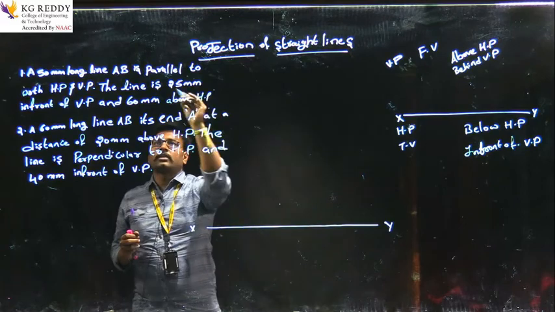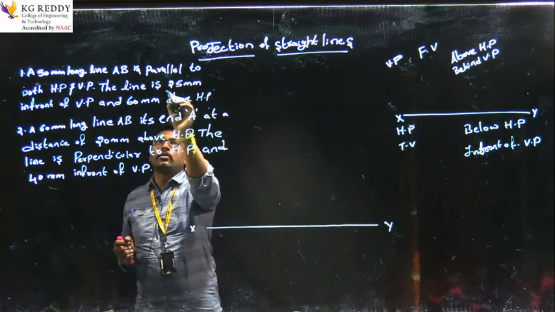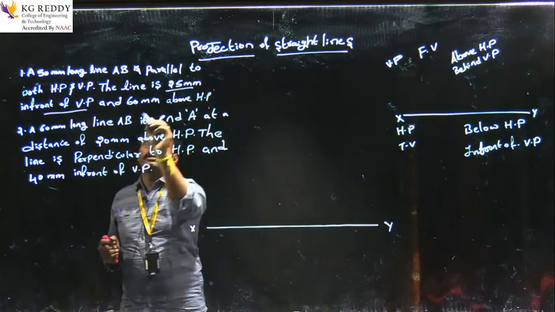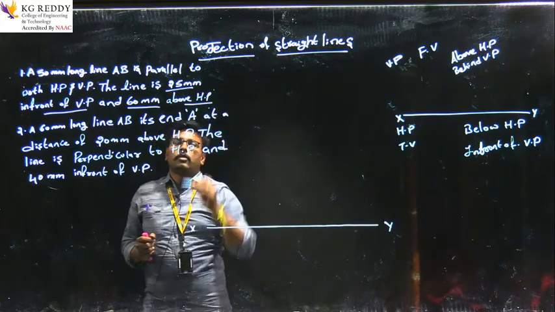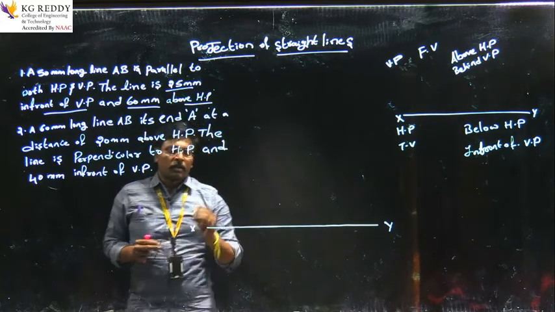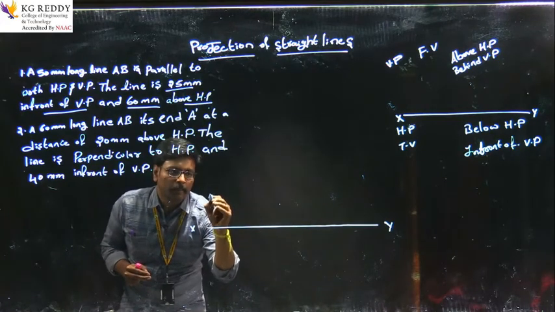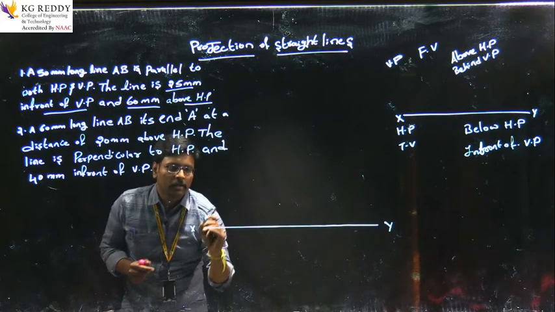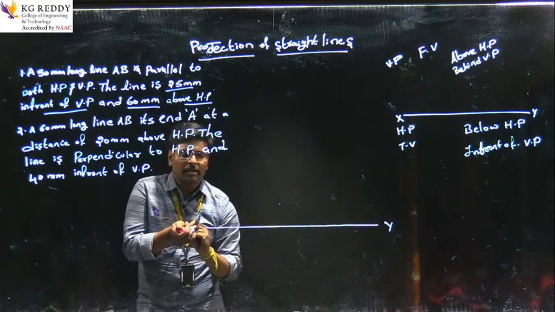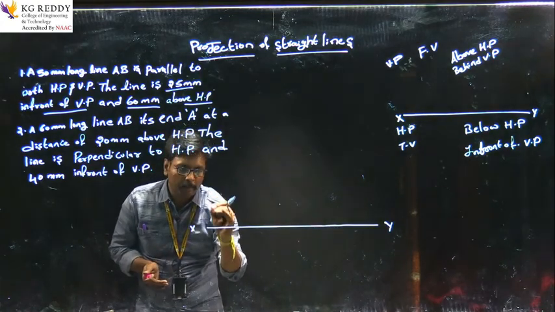So the first thing to consider is that it is 25 in front of the vertical plane and 60 above the horizontal plane. I am taking it 60 above the horizontal plane, because the dimension line must be very light.